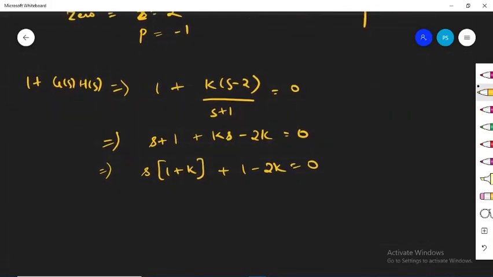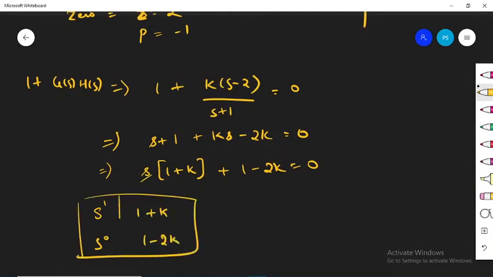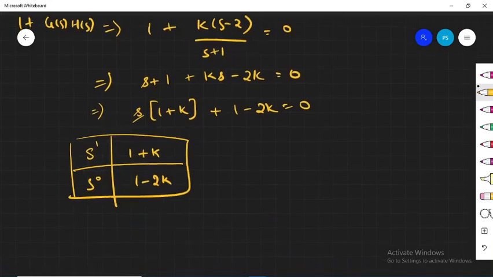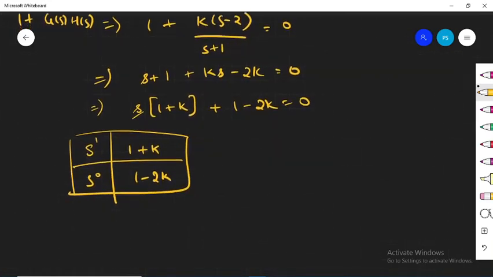If I simply draw the Routh-Hurwitz table, here I can simply write it as 1 plus k, and this will be 1 minus 2k. This is my Routh-Hurwitz table for this particular example. Now for the system to be stable, you know that these two must have the same sign.